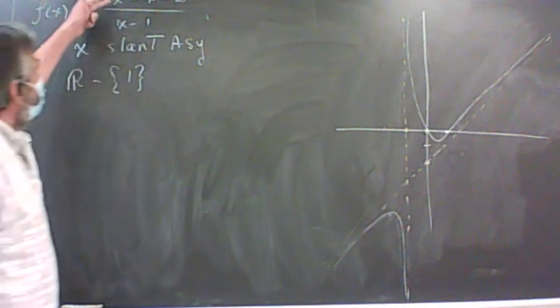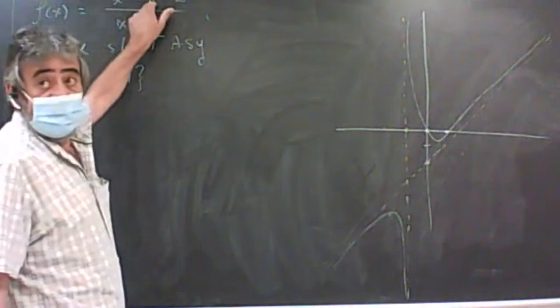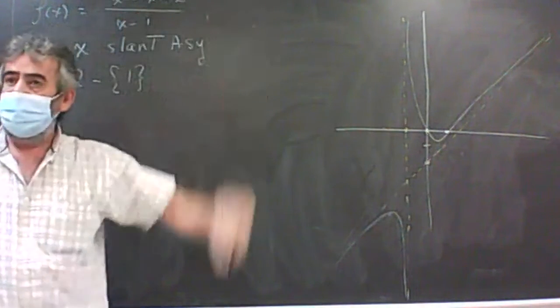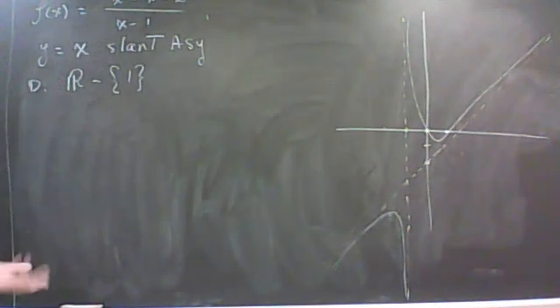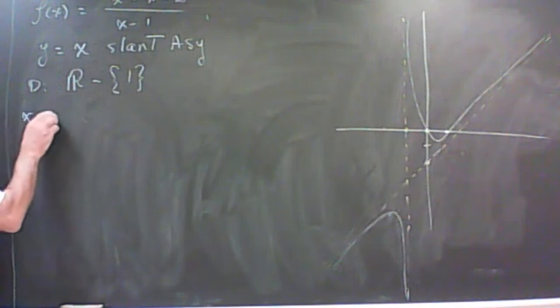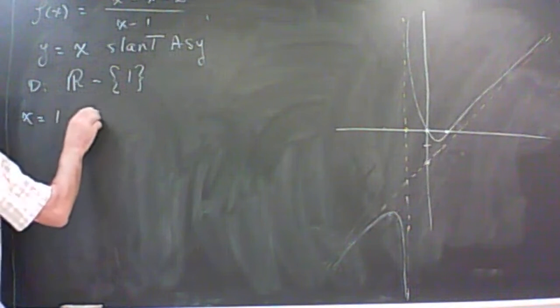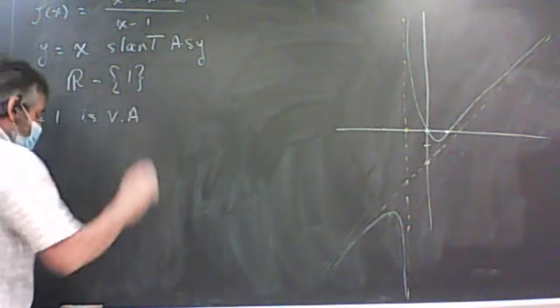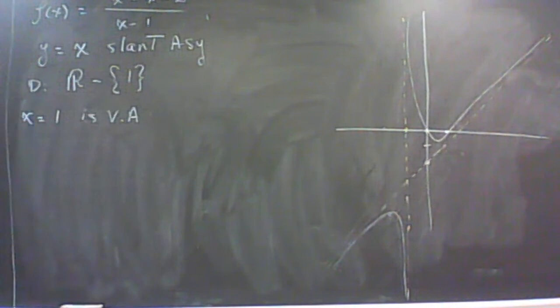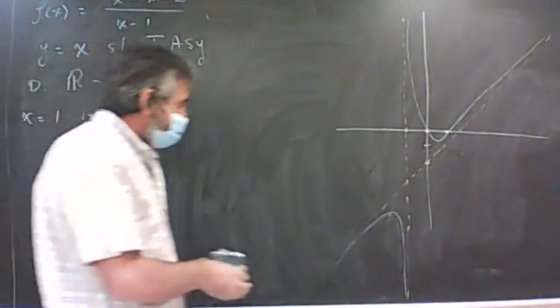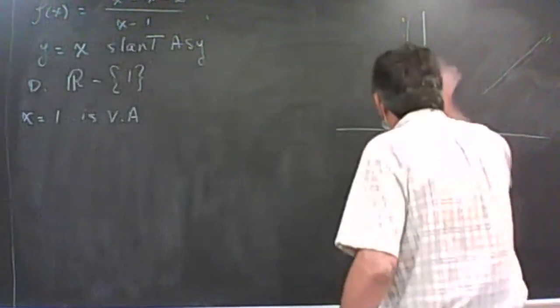Let's see. 1 minus 1 is 0. 0 minus 2 is minus 2. It doesn't matter what the multiplicity is, we're looking at x equal 1 as a vertical asymptote. Yes?